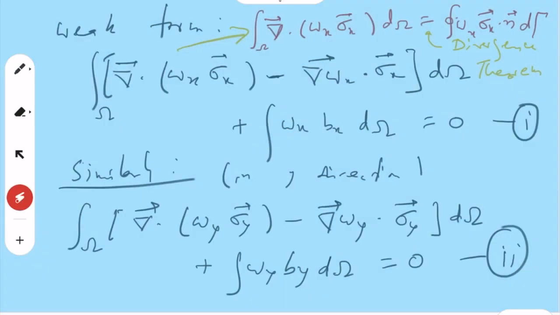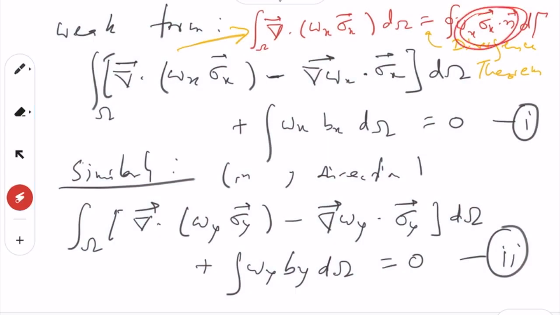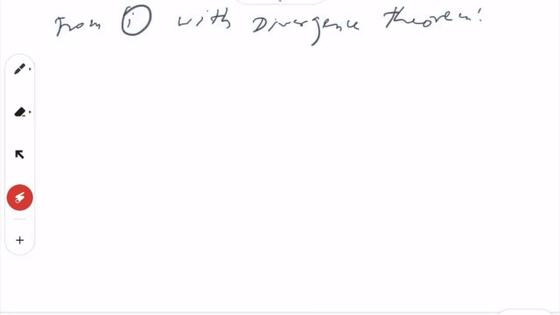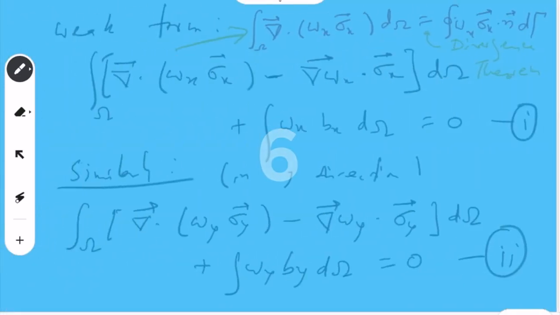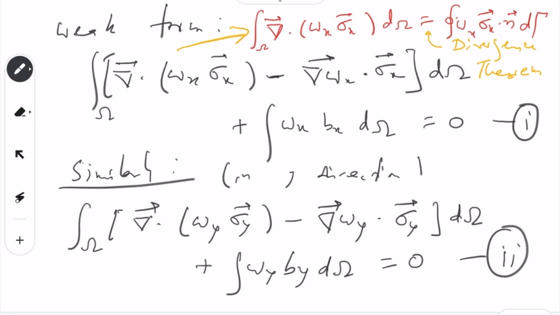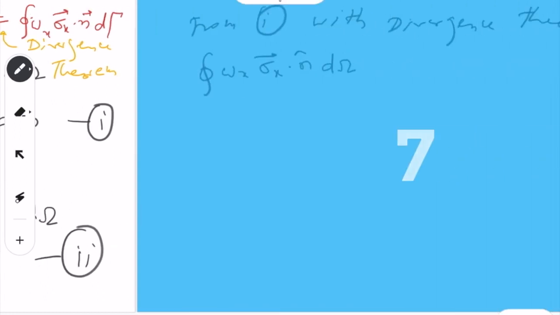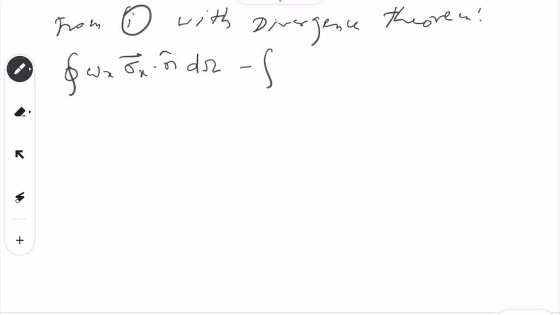We get the closed integral of wx sigma x dot n, and d gamma.